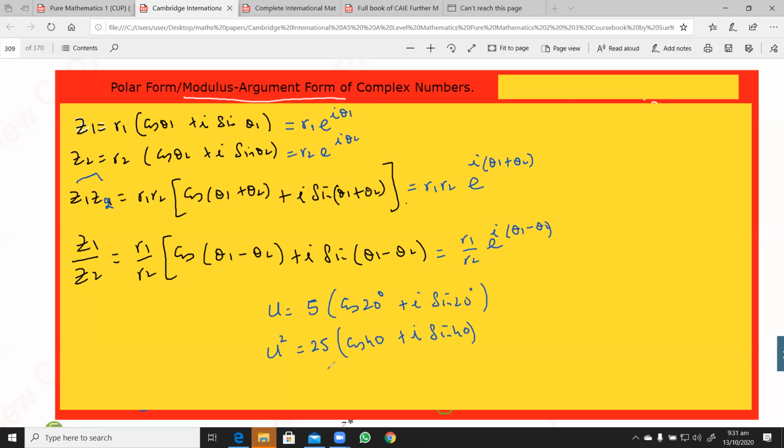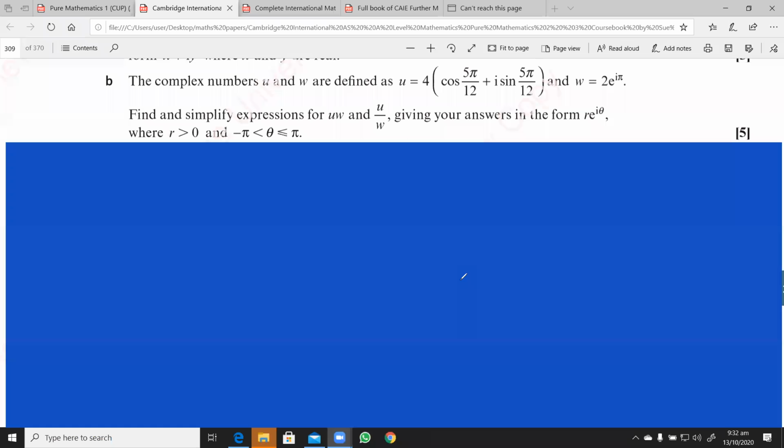Okay, acha. Now let's go into some questions and see how this is applied. In this question, your u is 4 cos 5 pi by 12 plus iota sine 5 pi by 12.